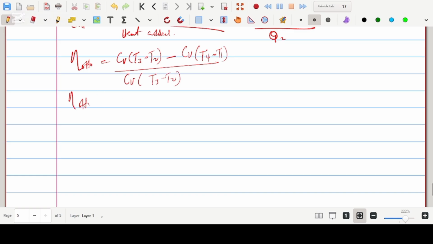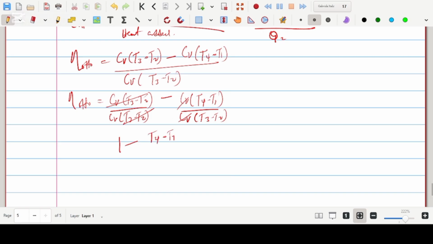Now for the Otto cycle efficiency, if you split it, this one will be CV(T3 − T2) over CV(T3 − T2), minus CV(T4 − T1) over CV(T3 − T2). So automatically we are going to have 1 minus, the CV cancels out, then we have (T4 − T1) over (T3 − T2).